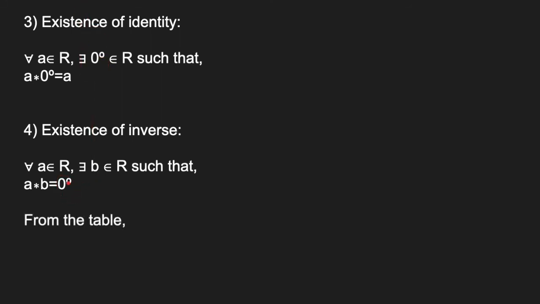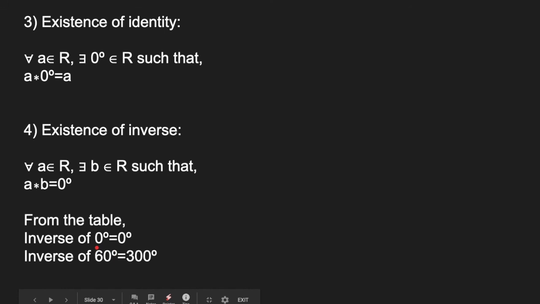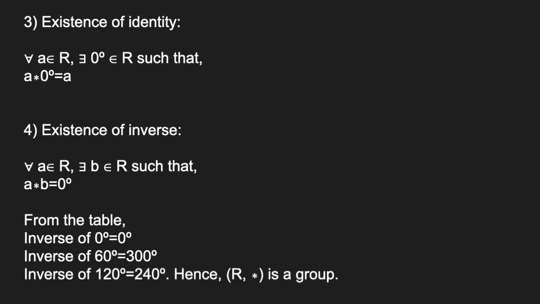For example, from the table, what will be the inverse of 0? That is 0, that is obvious. Now inverse of 60, so that means 60 star some element that will give 0 degree. So that element will be 300, because 60 star 300 is 360, and that is same as 0 degree. Now inverse of 120. Now 120 plus something that will give 360 or 0 degree.